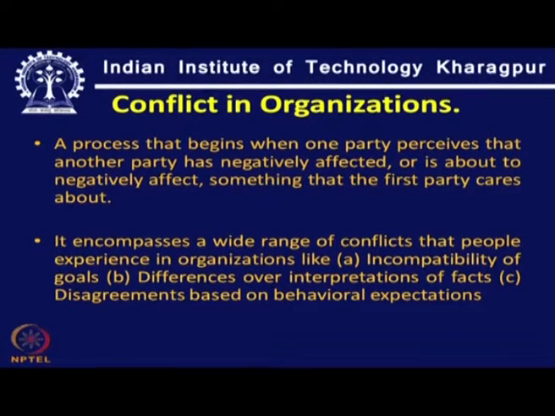And it encompasses a wide range of conflicts that people experience in organizations, and these may arise due to many factors. As we said, it is due to the incompatibility of goals: person A has a goal and person B has a different goal, and these two goals are not matching with each other.